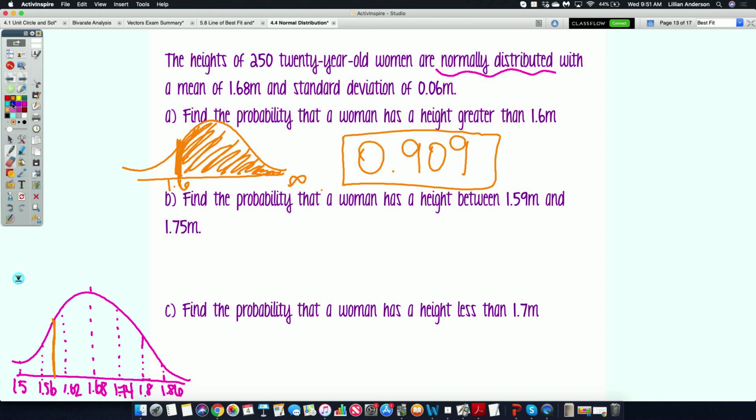Let's look at the next one. Find the probability that a woman has a height between 1.59 and 1.75. 1.59 and 1.75 are not one of my standard deviations. So again, I'm going to have to use my calculator. I draw the curve to indicate these two values, and it's between, so where should I shade?